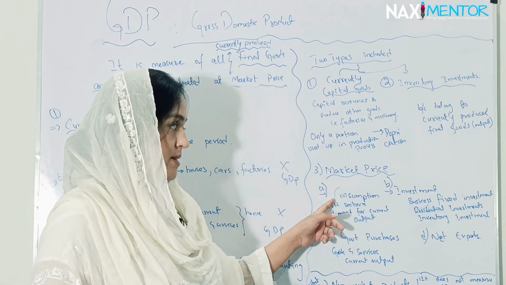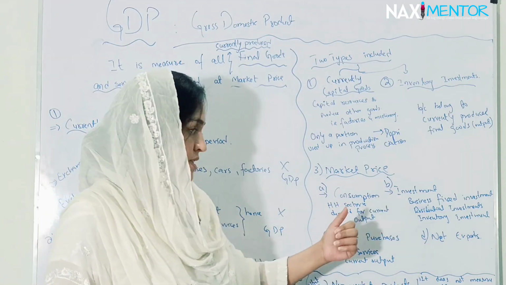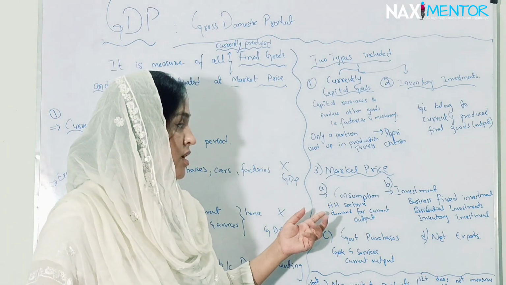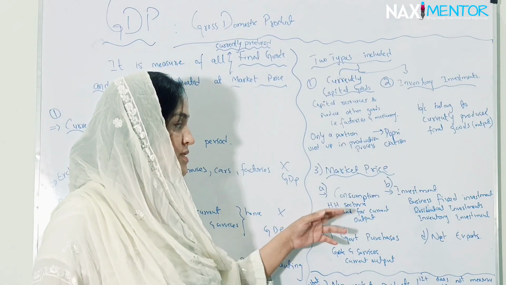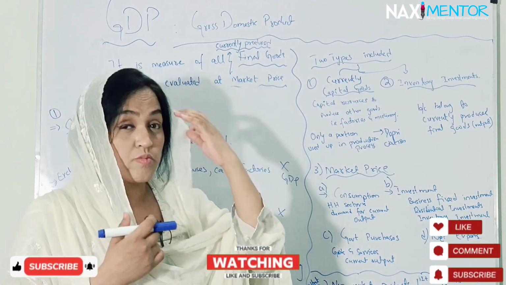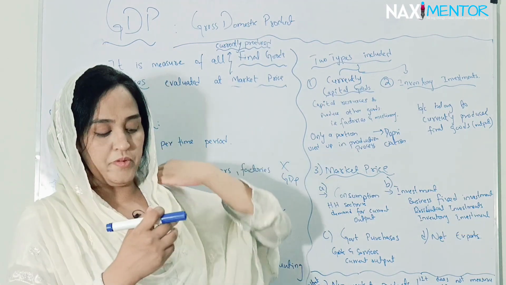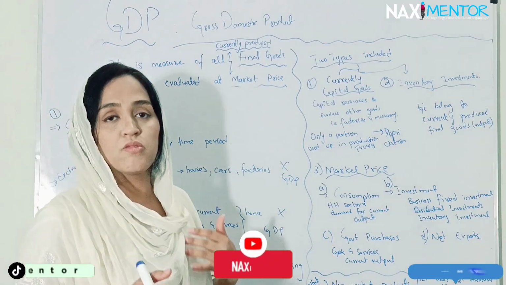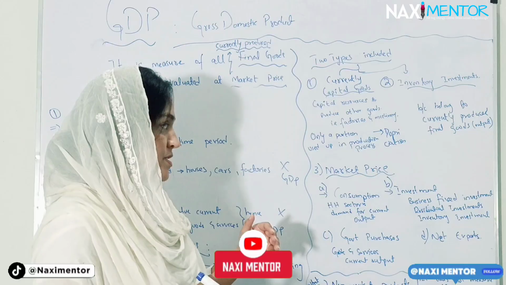These are consumption, investment, government purchases and net exports. What is consumption? Consumption is household sector demand for current output. Whatever is produced in the current year and being demanded by household is consumption.